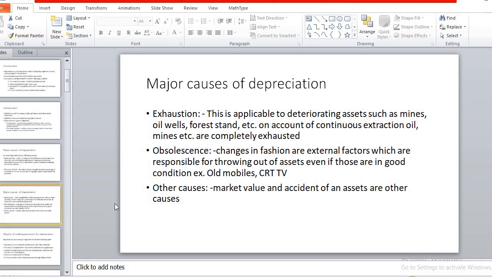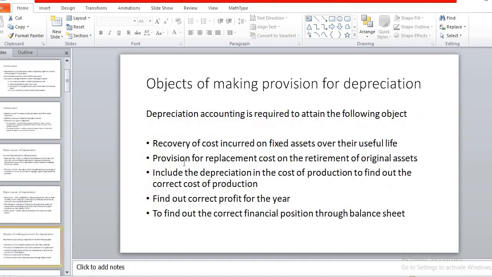So in this video, we discuss further the objectives of making provision for depreciation. As we earlier discussed, the objective is the recovery of the cost incurred on the fixed asset over its useful life, so that we can keep the owner's capital intact.